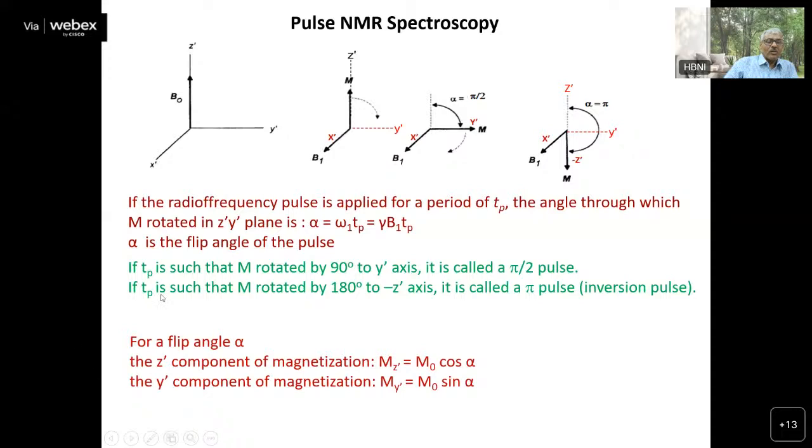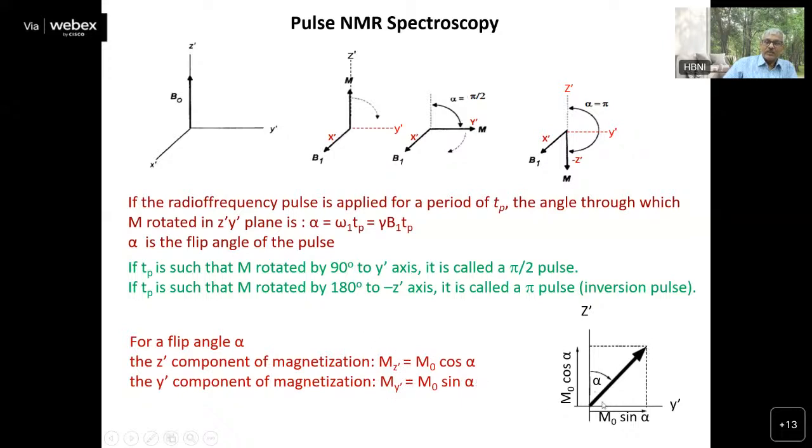Now, for a flip angle of alpha, what will be your magnetization along the Z axis and the Y axis? This is your flip angle. The magnetization has now tipped away from the Z axis towards the Y axis by this angle.